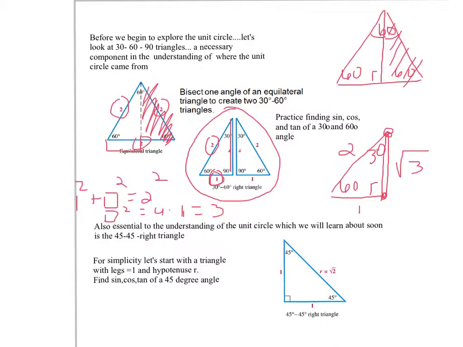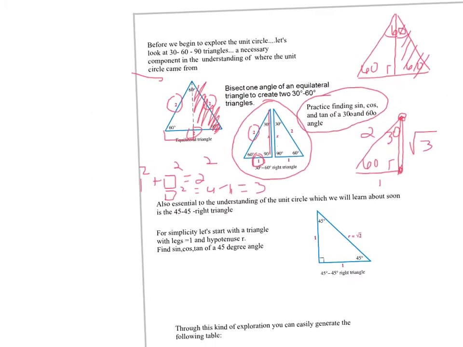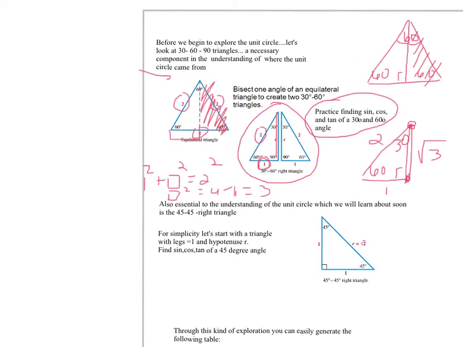Okay? So once you know that the distance from here to here is the square root of 3, it's going to be really easy for you to start finding sine, cosine, and tangent of a 30, 60, 90 triangle. So let's zoom in here a little bit. Let me redraw this triangle.